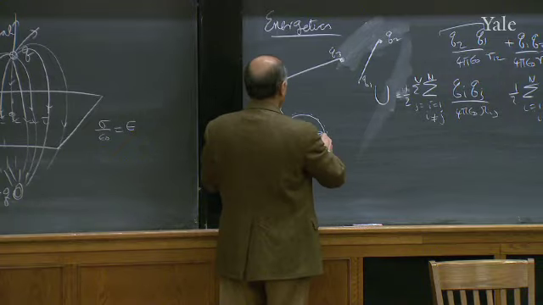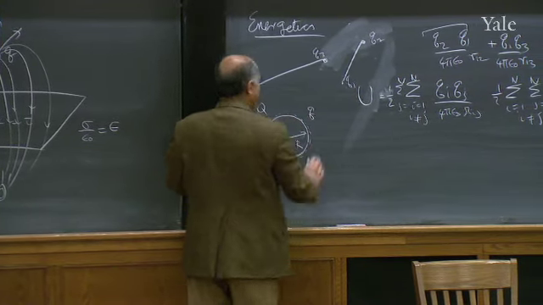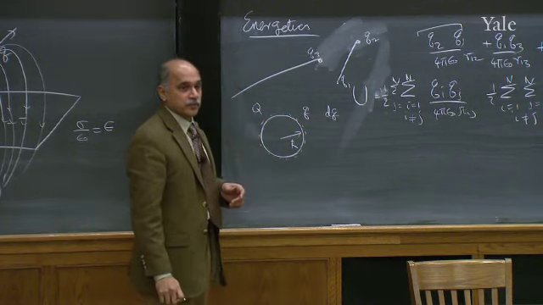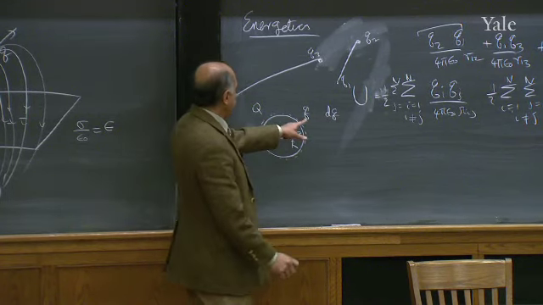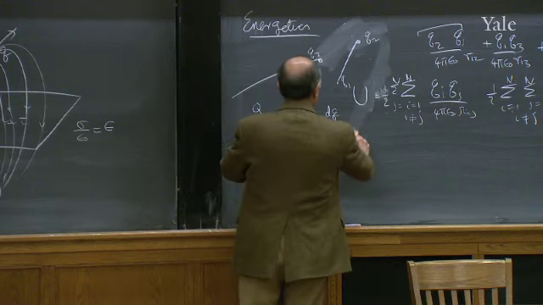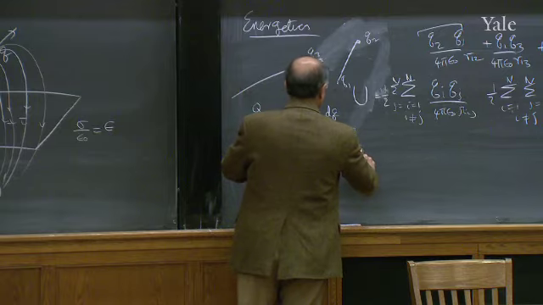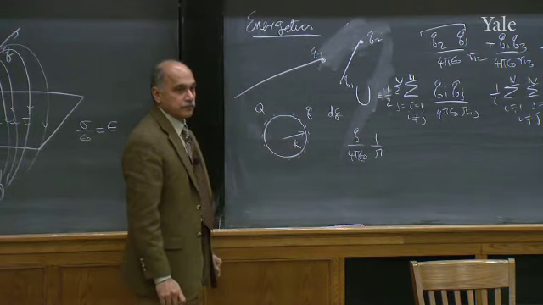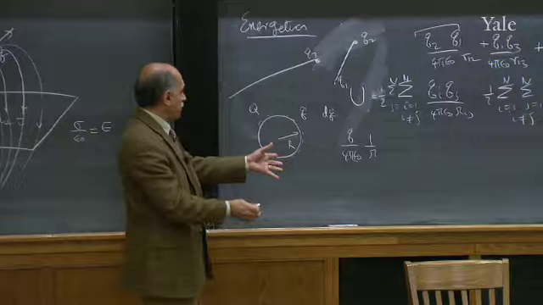At some intermediate stage, when the charge on the sphere is q, and I want to bring in a charge dq, how much work do I have to do? When the charge is q, the potential of the surface of the sphere is q over 4 pi epsilon 0 r. The whole sphere is at that potential.